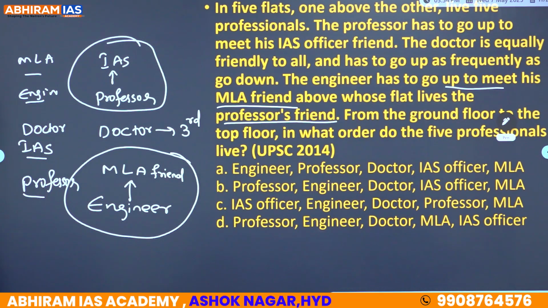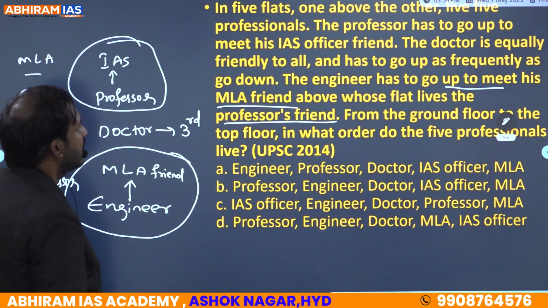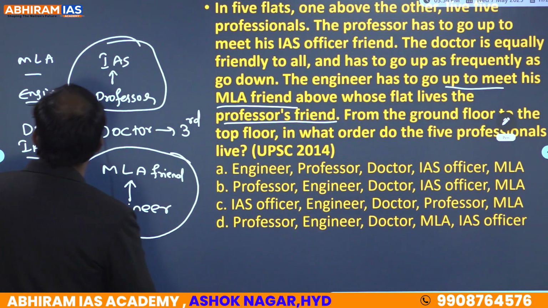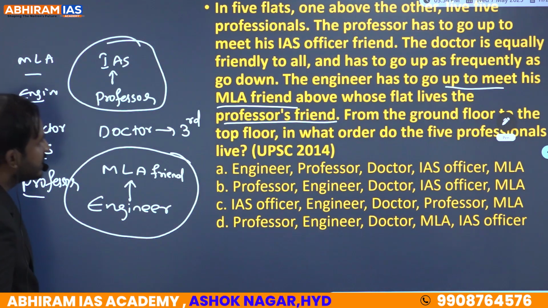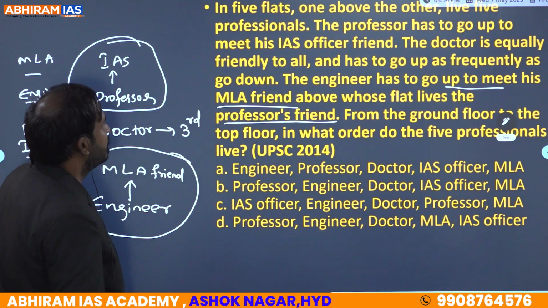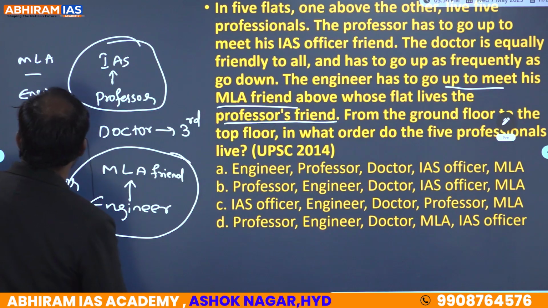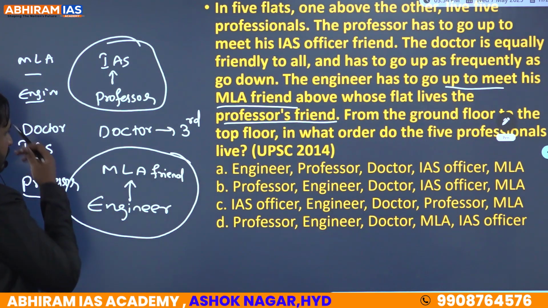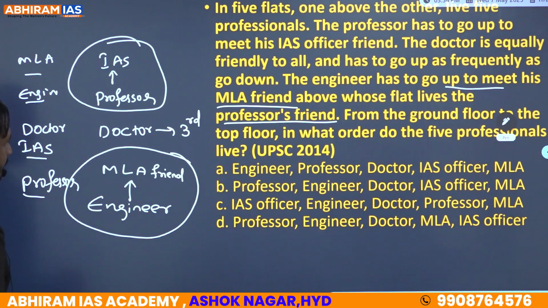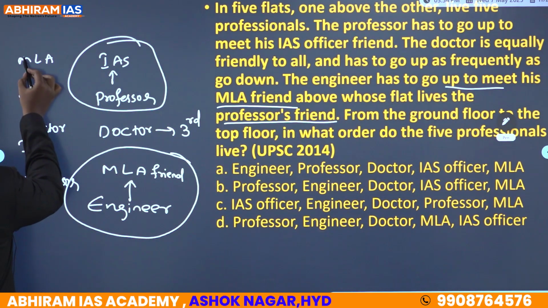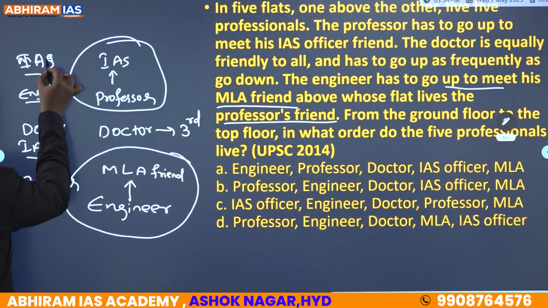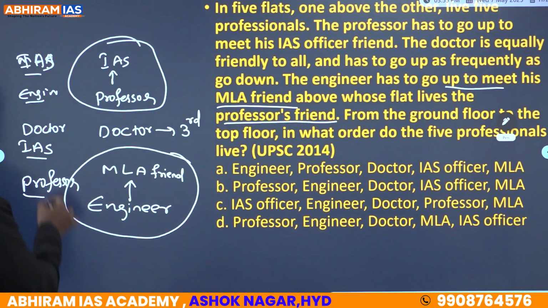Next, the engineer has to go up to his MLA friend. Engineer's friend is who? MLA. Next, above whose flat lies the professor's friend? Now tell me who is the professor's friend here? IAS officer. So here I will have IAS officer and then MLA.